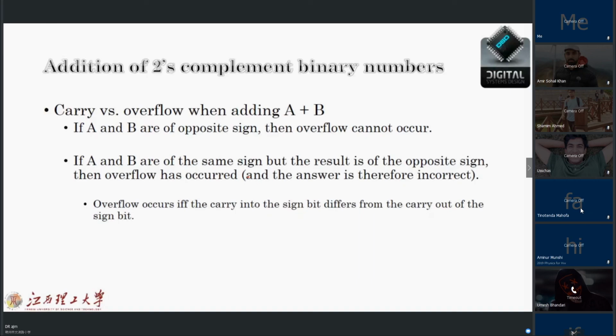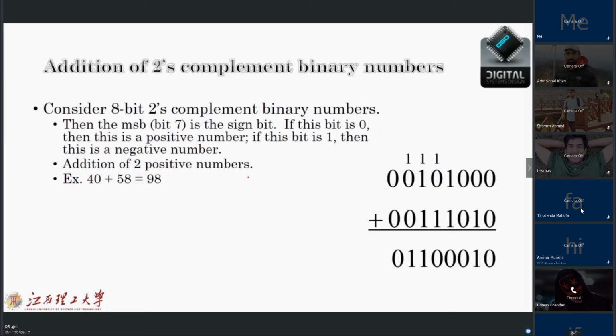If A and B are the same sign, but the result is the opposite sign, then overflow has occurred, and the answer is therefore incorrect. Overflow occurs if the carry into the sign bit differs from the carry out of the sign bit.